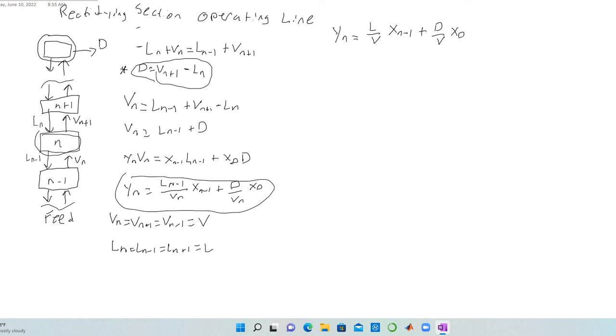But how usable is this? It's very difficult for us to use. So we want to put it in a user-friendly form, and we're going to do that by using our reflux ratio.